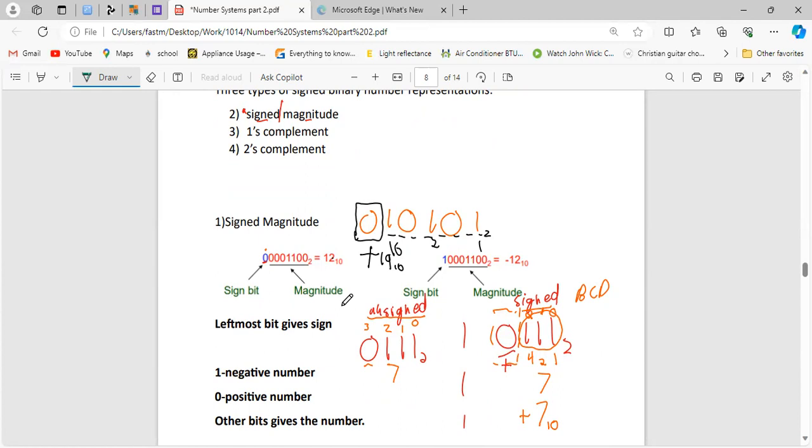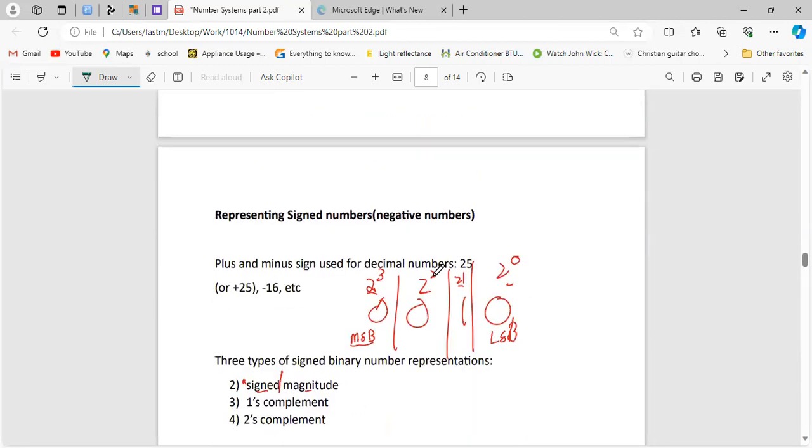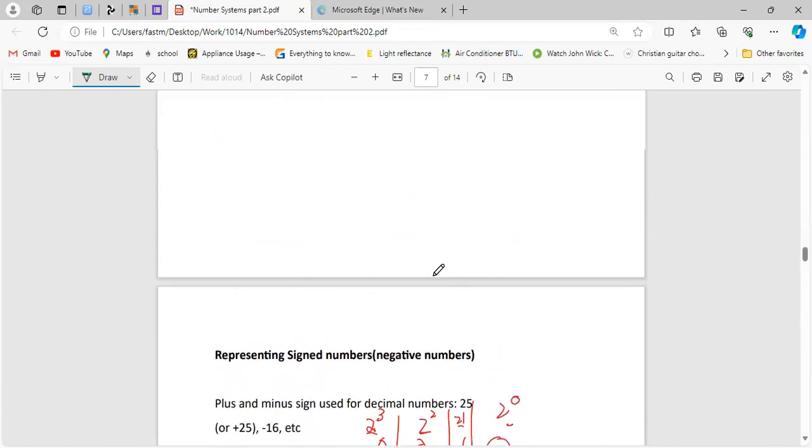So that way we get the magnitude of the number, and then the leftmost bit is the sign of the number. Yeah, so those are ways to express negative numbers, right? Because your computer reads positive and negative numbers. It doesn't just read 7 and 8. Yeah, so that's really how your computer sees numbers. It may be one or multiple, depends on your system, right? So that is signed numbers, right?